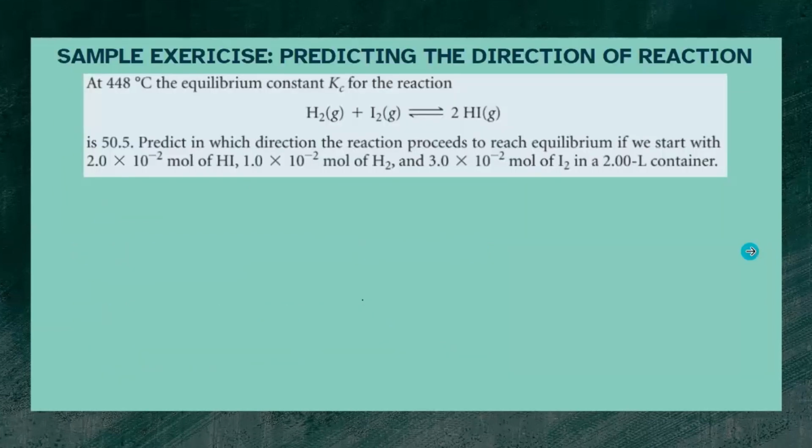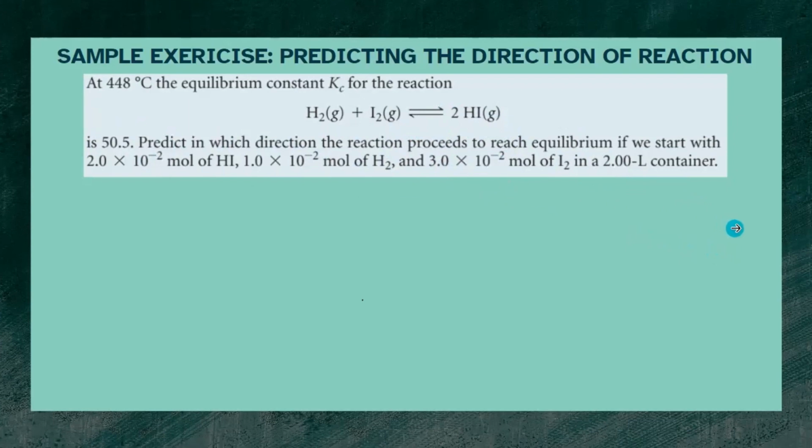So, we have a sample problem involving the use of reaction quotients. At 448 degrees Celsius, the reaction where hydrogen and iodine gases are the reactants and hydrogen iodide is the product has an equilibrium constant value of 50.5. Predict which direction the reaction proceeds to reach equilibrium if we start with these initial concentrations in a 2-liter container.